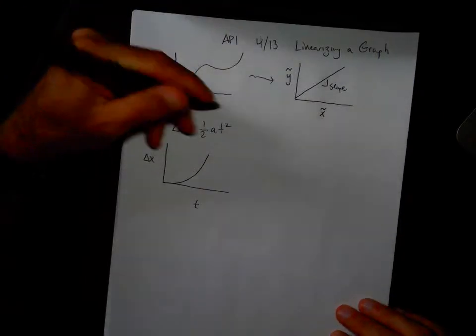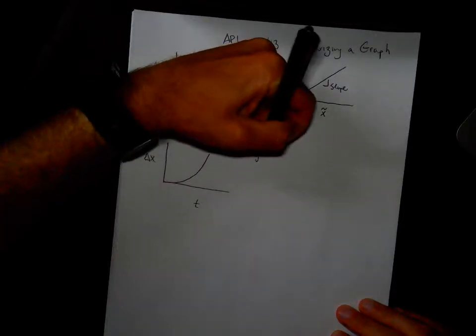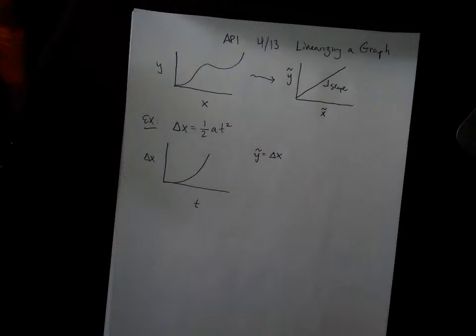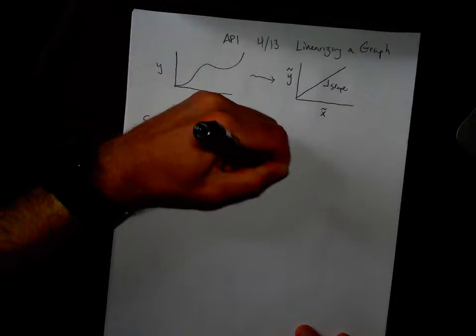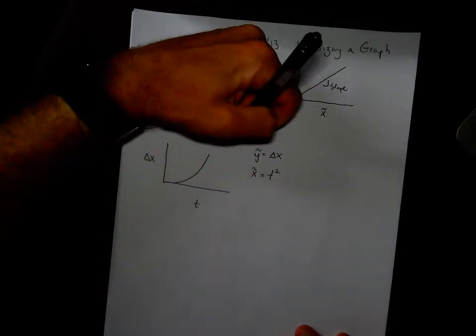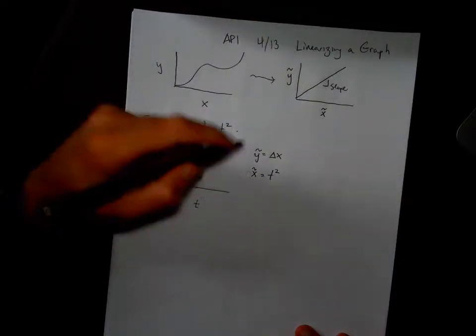So I'm going to let my y squiggle be equal to delta x. And I'm going to let my x squiggle be t squared. So I'm redefining some variables, y squiggle and x squiggle.